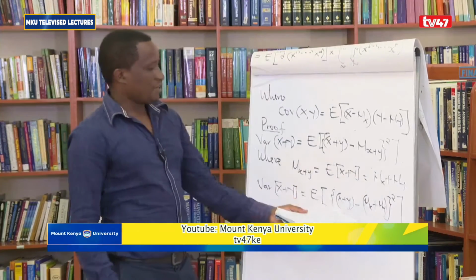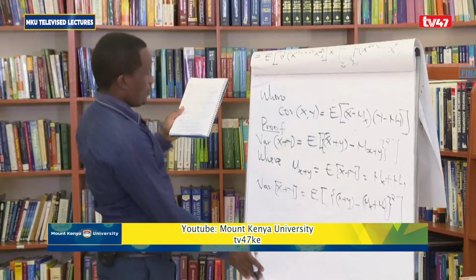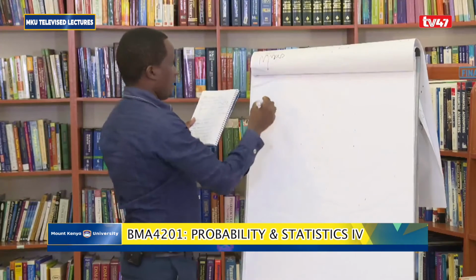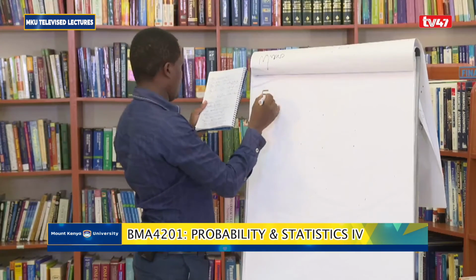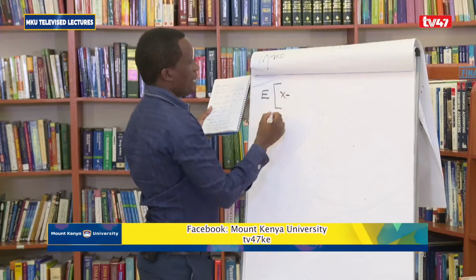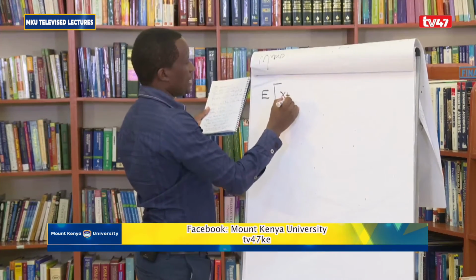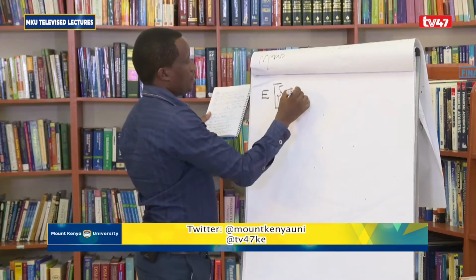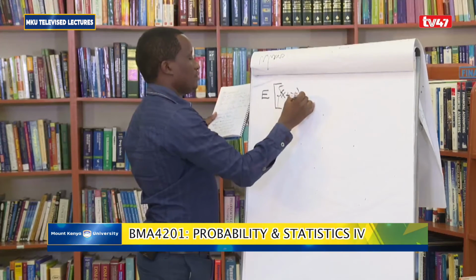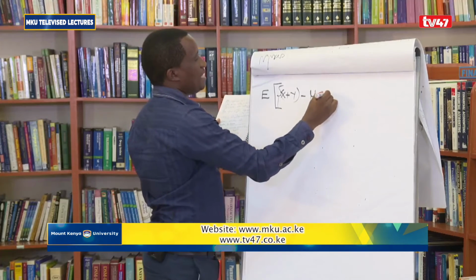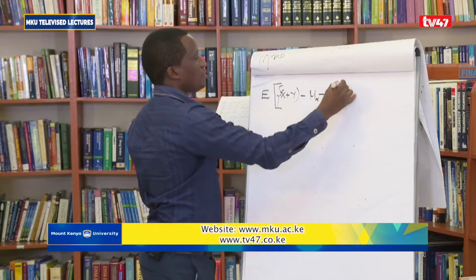We notice that by applying the curly brackets, we can get an expression of the form expected of, by opening the curly brackets, x minus, because we are having x plus y, minus mu x minus mu y, then we are squaring this.